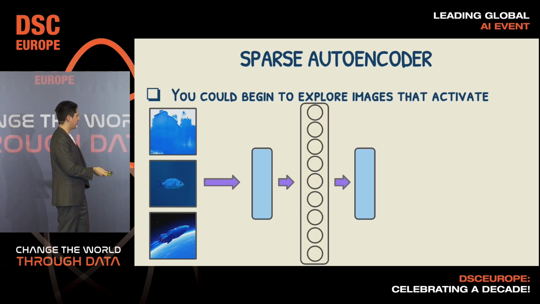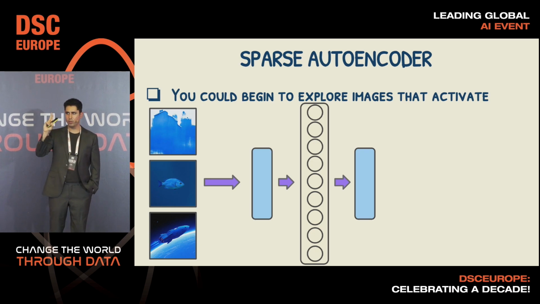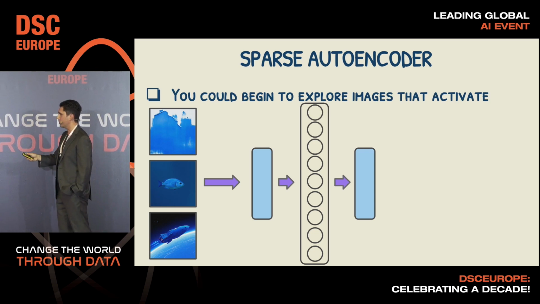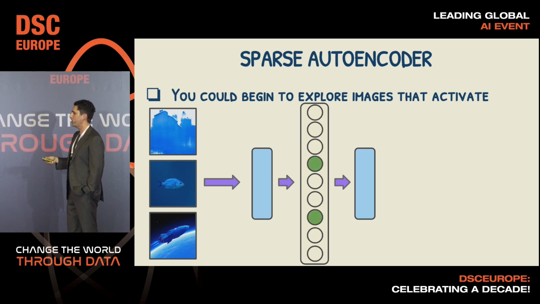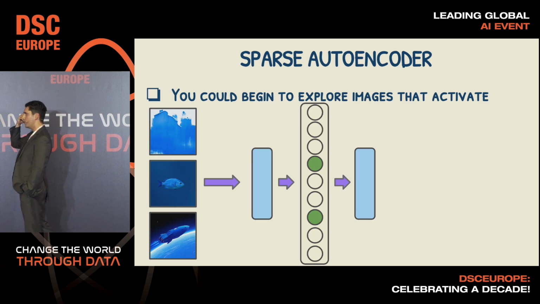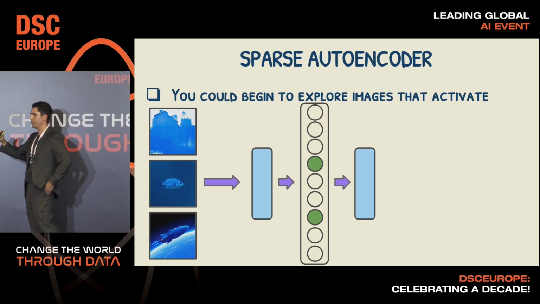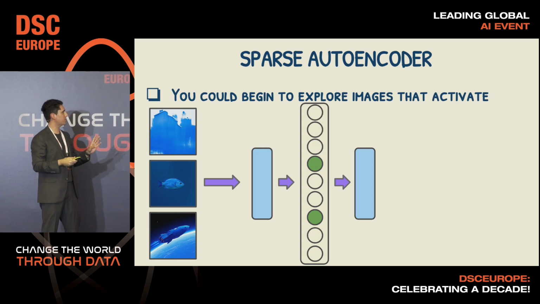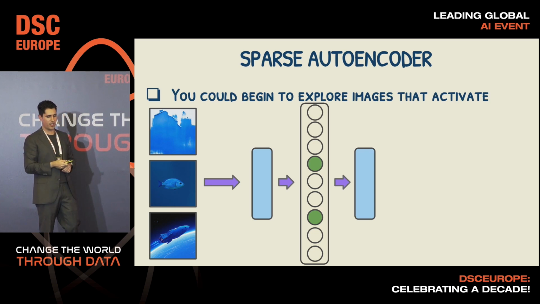Blue paint, blue fish, blue rocket ship, but they all have this idea of blue. And if you were to feed that into your sparse autoencoder, only a few neurons are getting activated, and intuitively as humans, we can start thinking of these as the blue neurons.